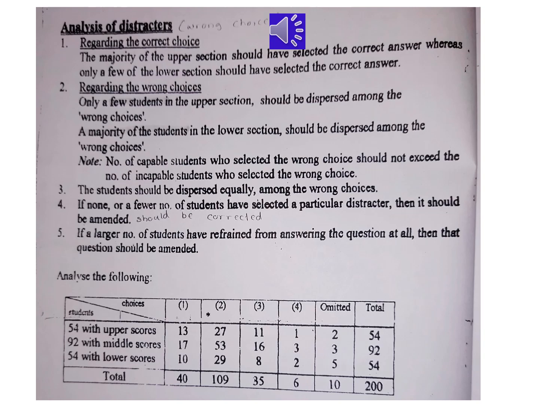10 students have selected one, 8 students have selected the third one, 2 students have selected the fourth one. So that fourth choice is not appropriate. Even the clever students or the weaker students have selected that choice.